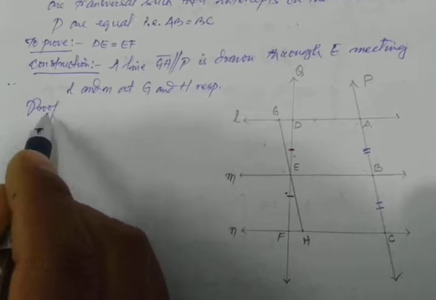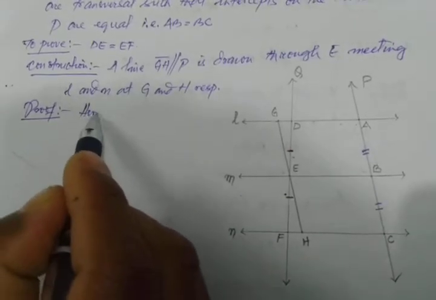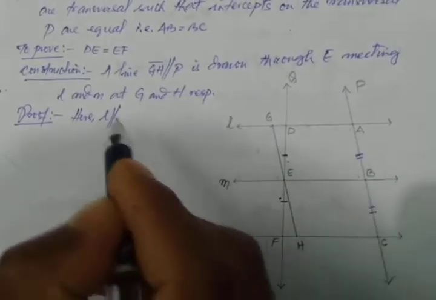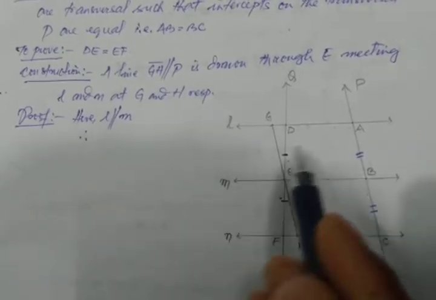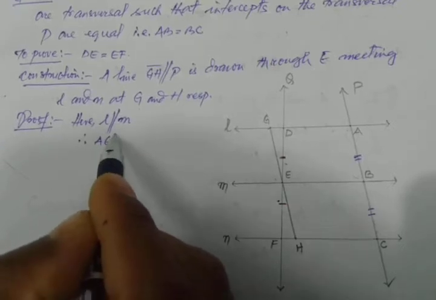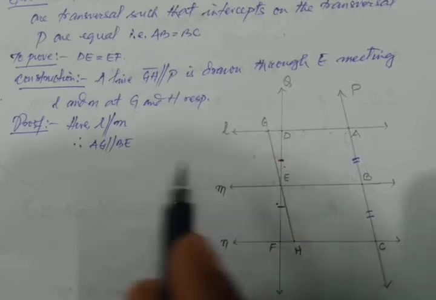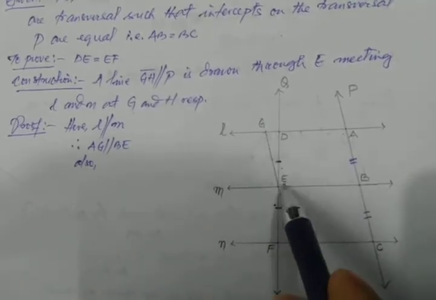Now let us prove. First of all, as the question says, L is parallel to M. By given, we can say that AG will be parallel to BE because they lie on the same line. AG parallel to BE, and also we can say that GE will be parallel to AB.